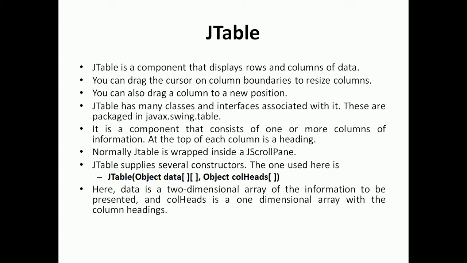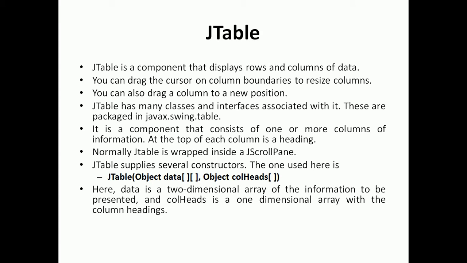Normally, the JTable is wrapped inside a JScrollPane. That's why I told you we will see the demonstration of this JScrollPane along with the JTable combined in one program, because JTable is wrapped inside a JScrollPane. JTable supplies several constructors.